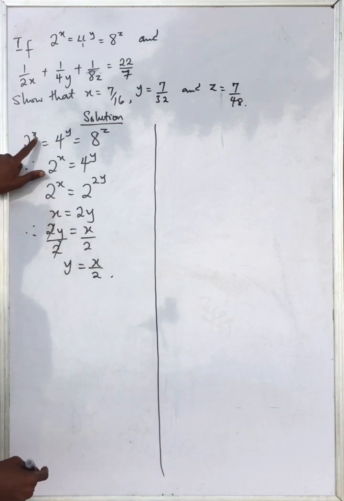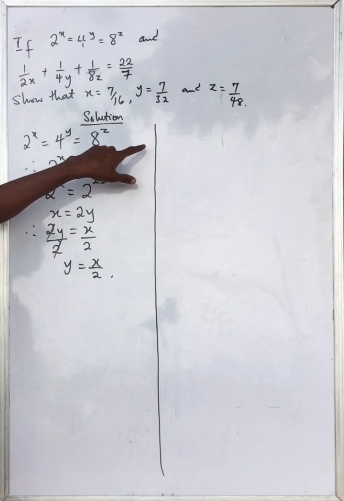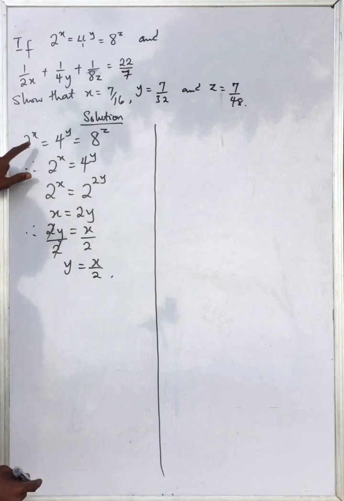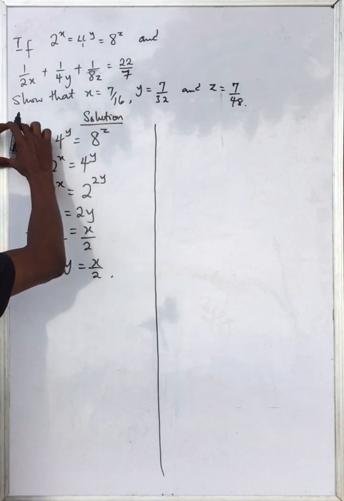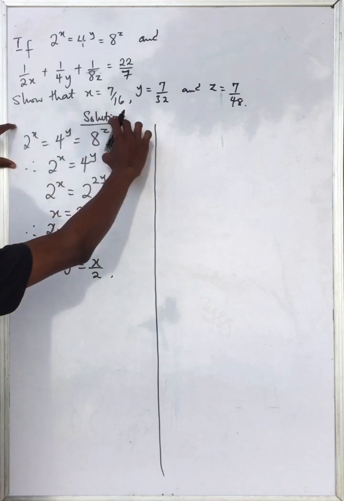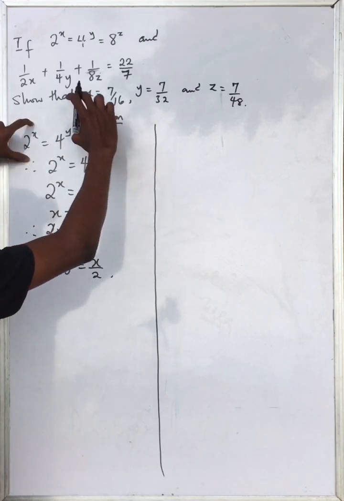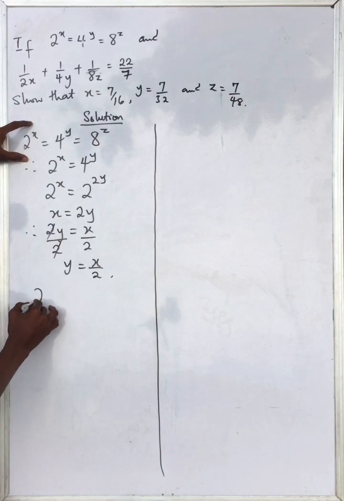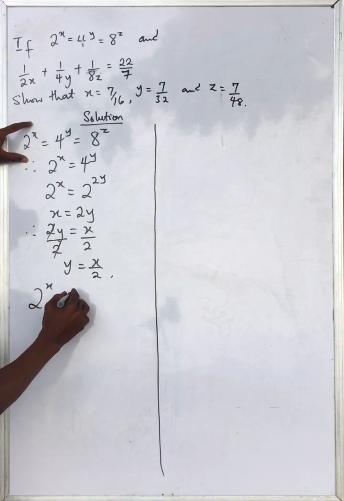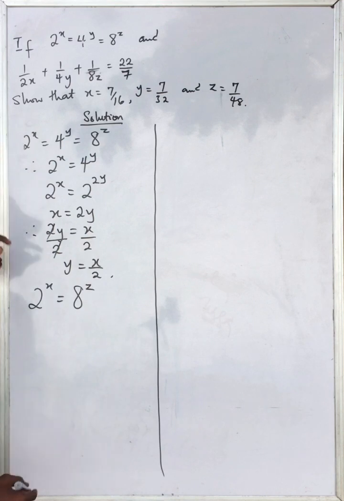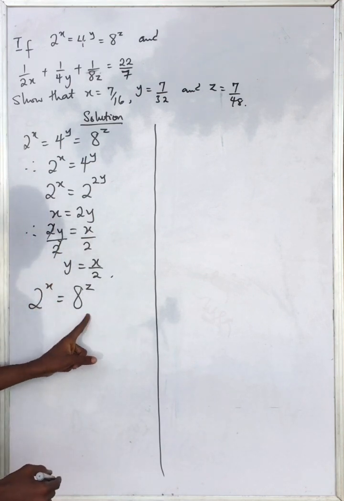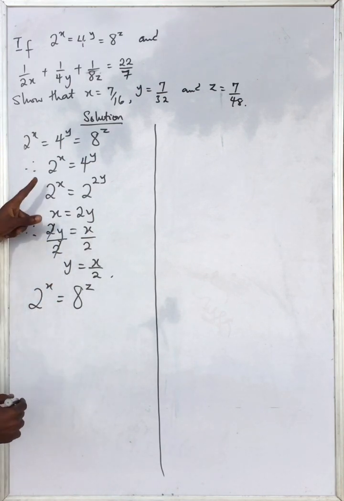Now shall we express z in terms of x? Just look at this. Since I have said this is equal to this and this is equal to this, automatically this is equal to this. Then we have 2 raised to the power x is equal to 8 raised to the power of z. And so we express them in terms of the same base, just as we have done here.